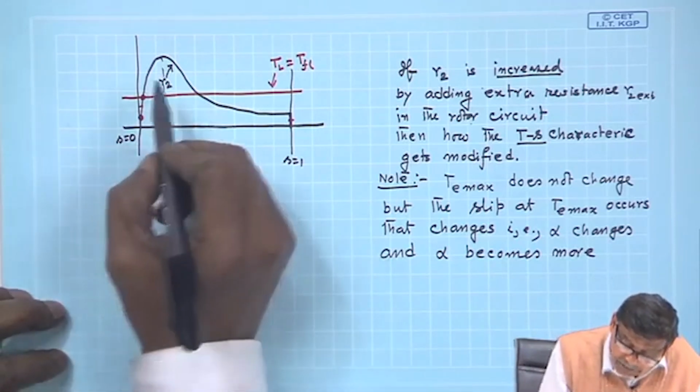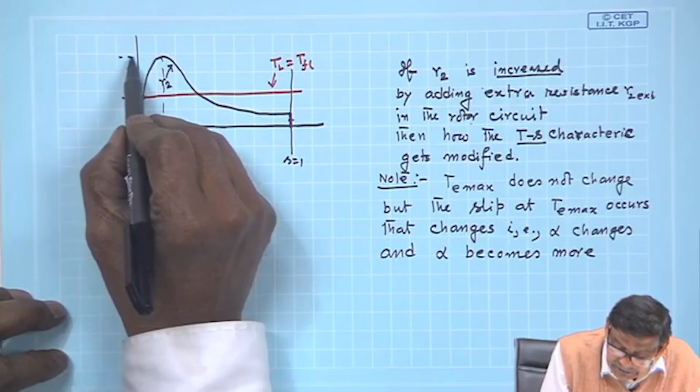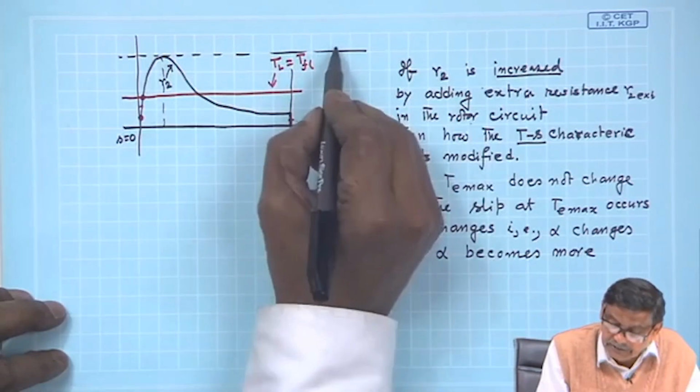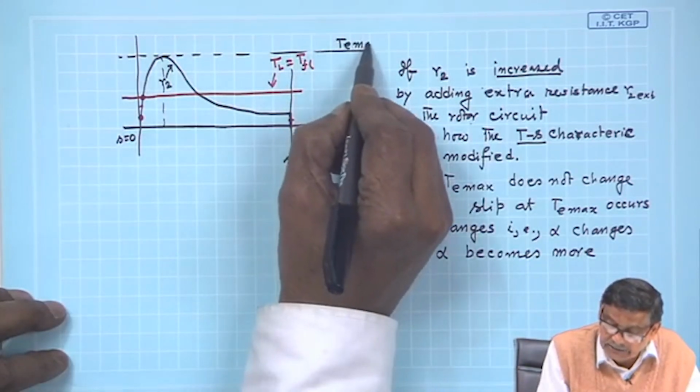Therefore, what will happen if you add some external resistance? This T max is fixed, it is not going to change.